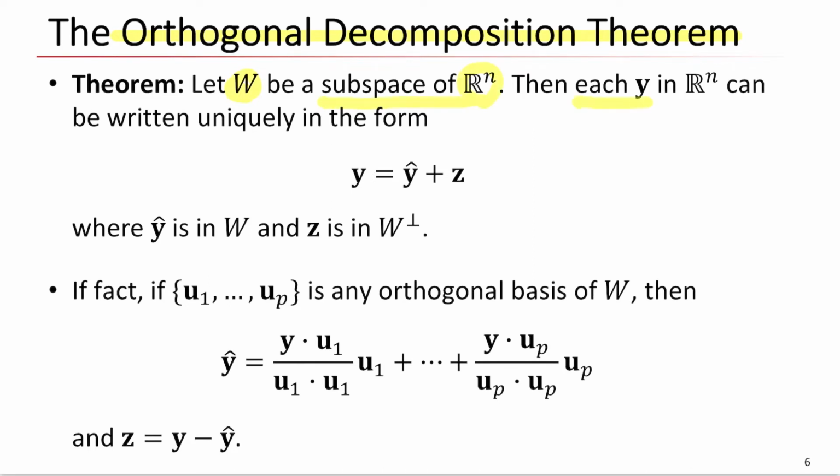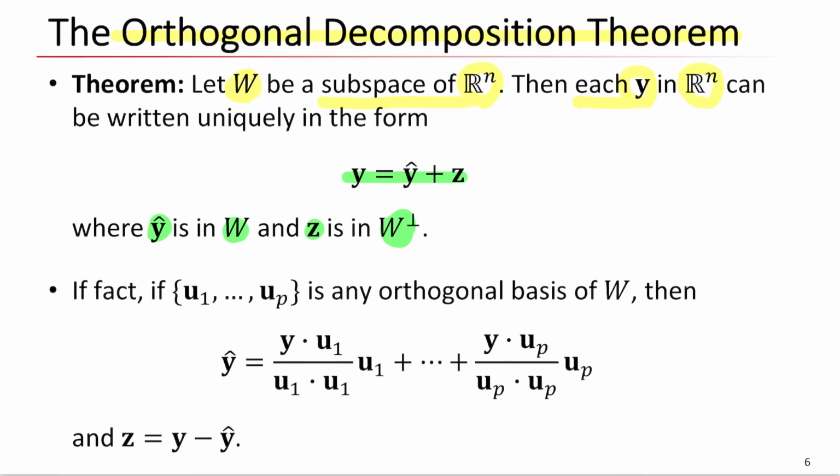Then each vector y in R^n can be written uniquely in the form y = y hat + z, where y hat is in W and z is in W perpendicular.